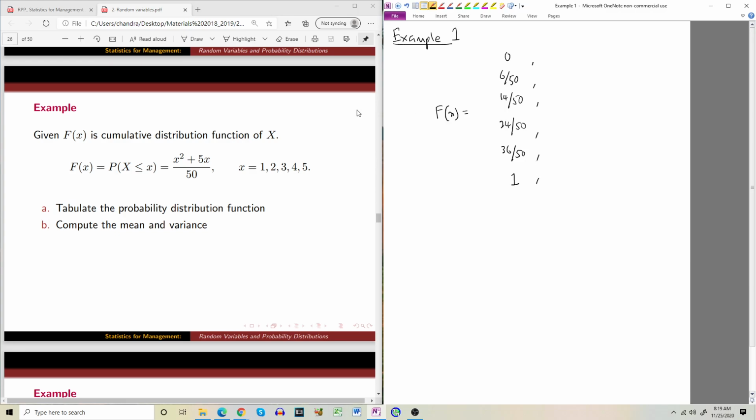If you expand this, if you replace 1 to 5 inside this function, this is what you get.